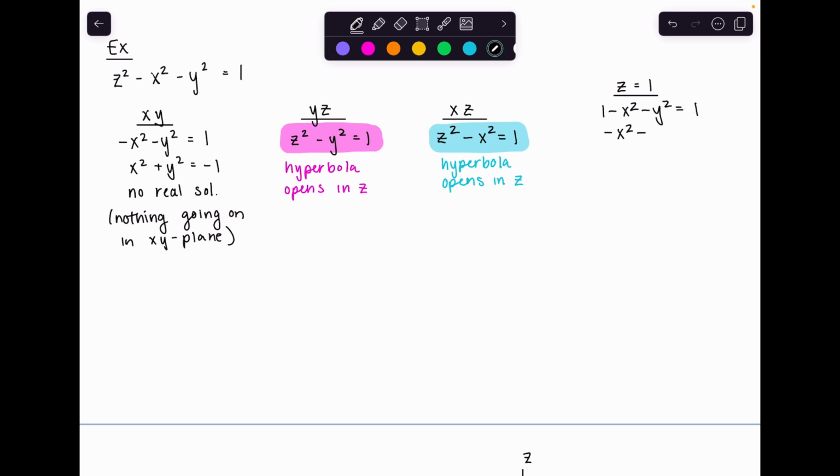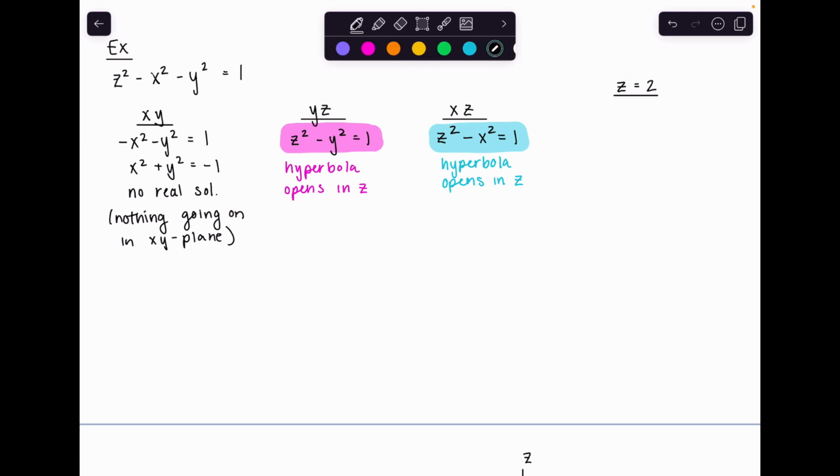Moving that to the other side gives us 0 over here. So really you end up with x squared plus y squared equals 0. So this ultimately just gives you a point. It goes through (0, 0, 1). So not very useful. So if I pick -1, it would be the same thing.